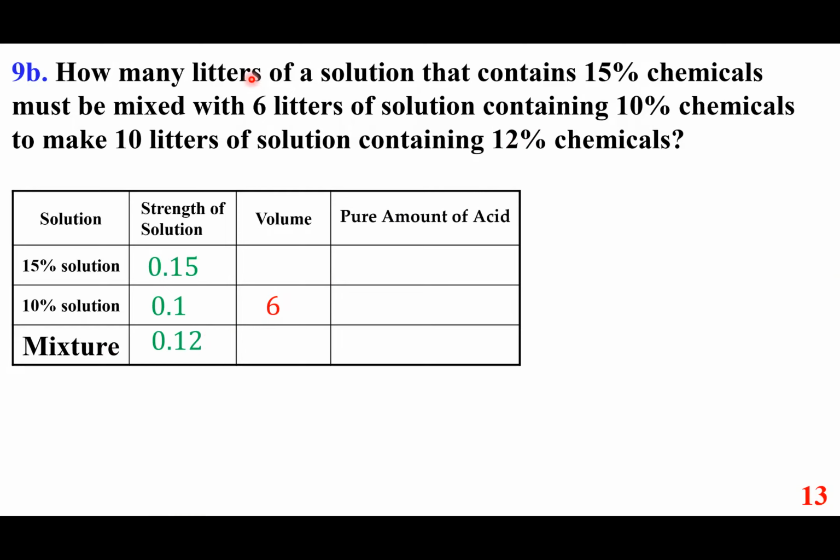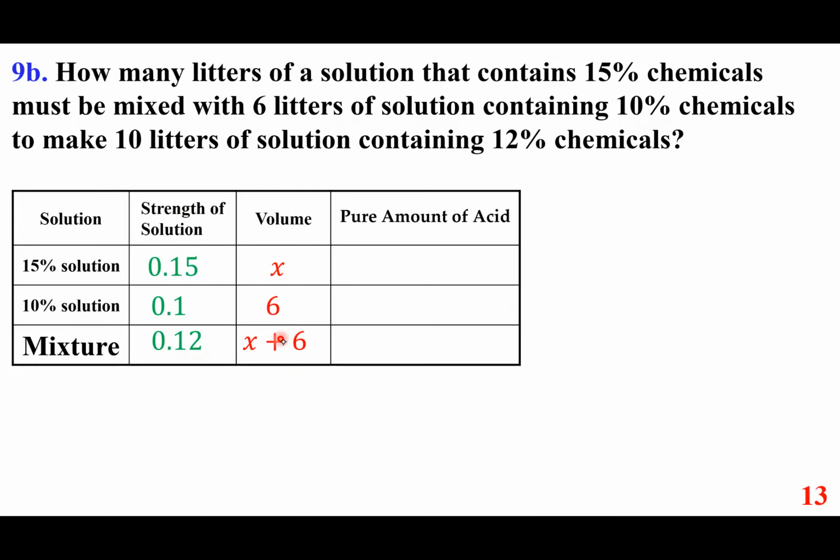And so how many liters of 15%? We don't know, X amount, but we do know we are mixing them, so they mix up to X plus 6 as a total volume. And that's really the key behind the mixture problem. The total volumes must add up.